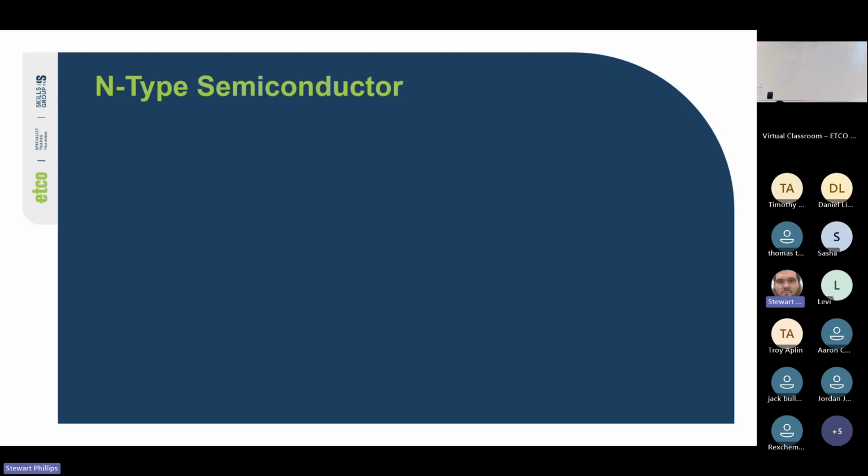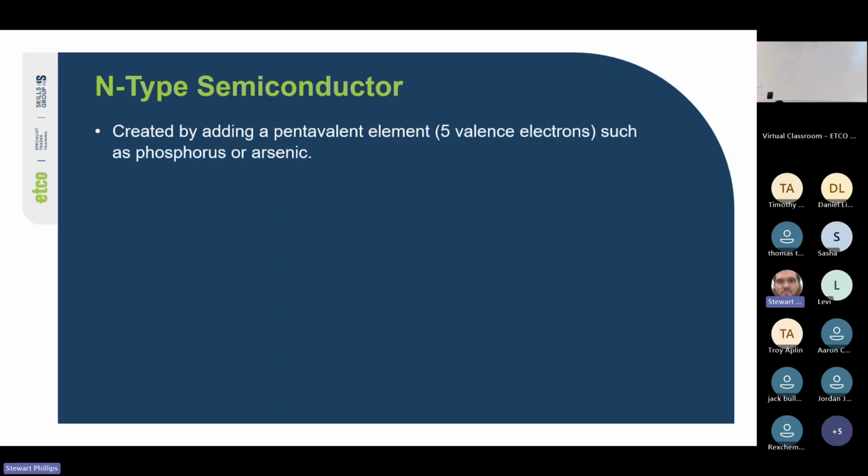Remember that the electrons on the outside are considered to be free electrons, because electrons are considered negatively charged, whereas the nucleus with the protons in the middle is considered more positively charged. So it's created by adding a pentavalent element, so 5 valence electrons.